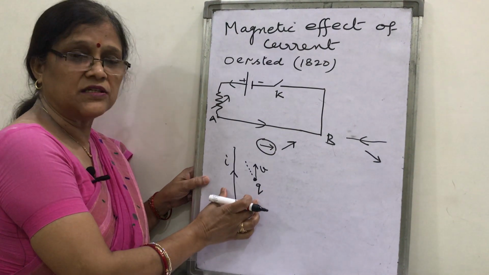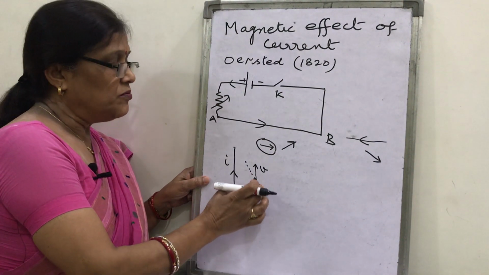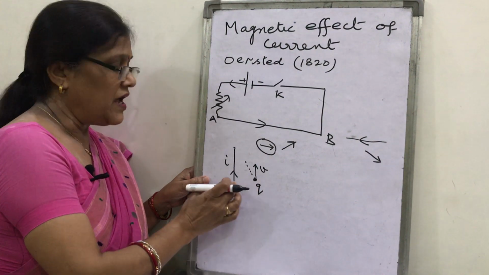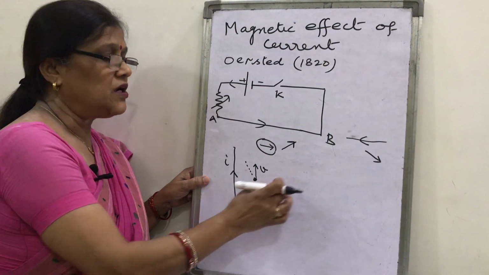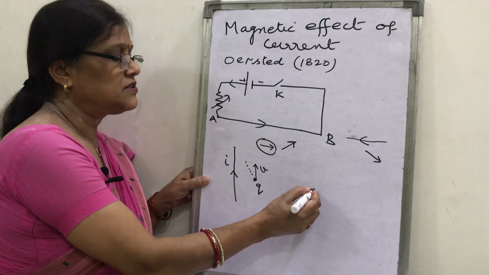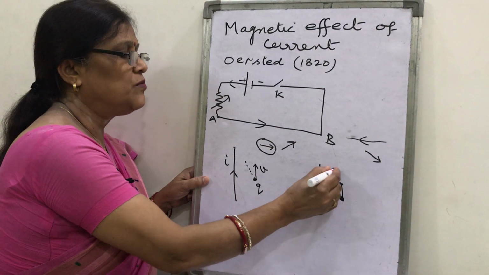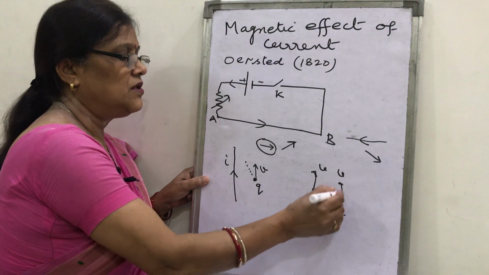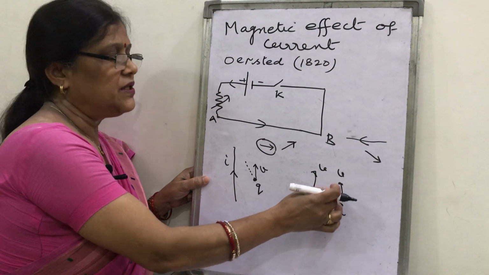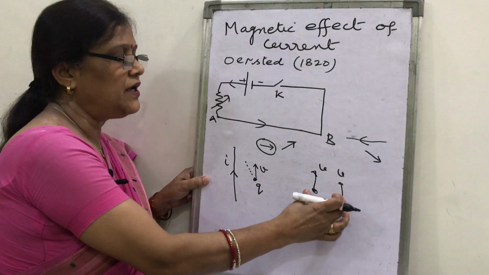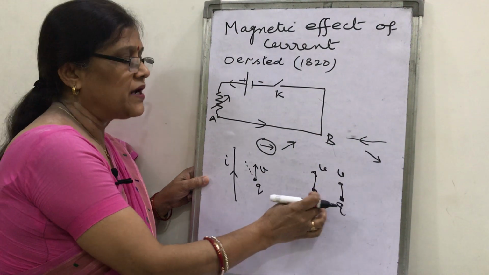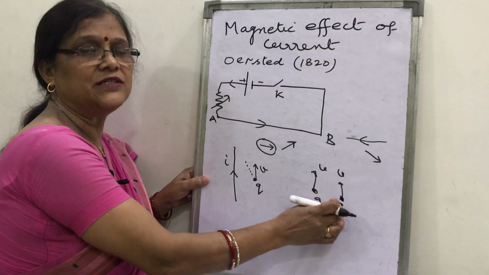This interaction between a moving charge and current carrying conductors, or between two current carrying conductors, or between two charges which are in motion with a certain velocity v and have charges q, will cause deflection because they are in the magnetic field of each other.